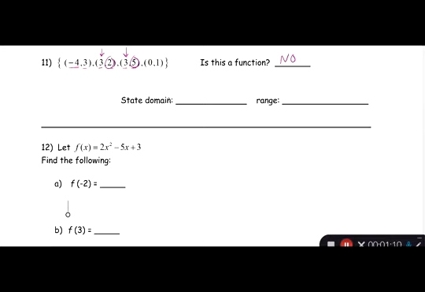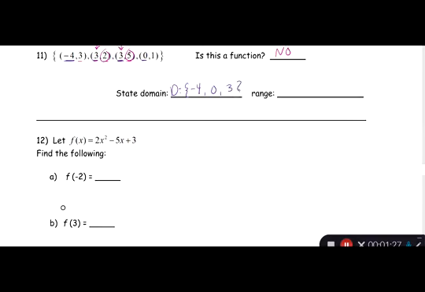The domain is the set of all the x values. So we look literally at every x value. We only write them once. I like to write them in numerical order, descending order. The range is all the values of y.